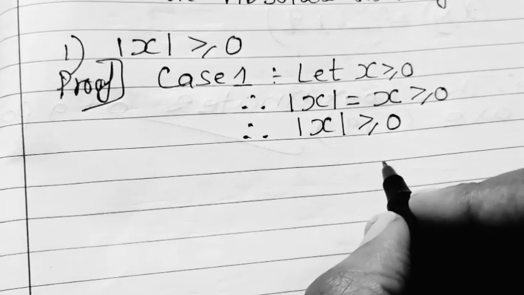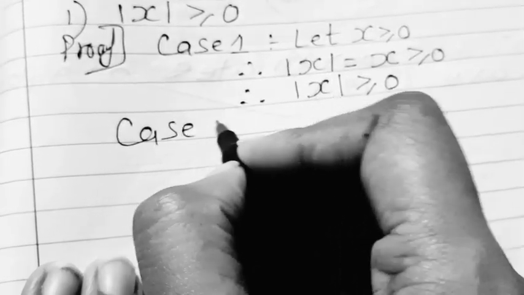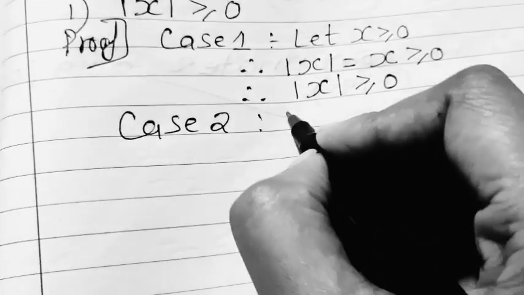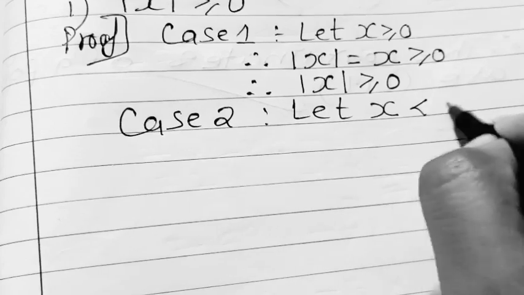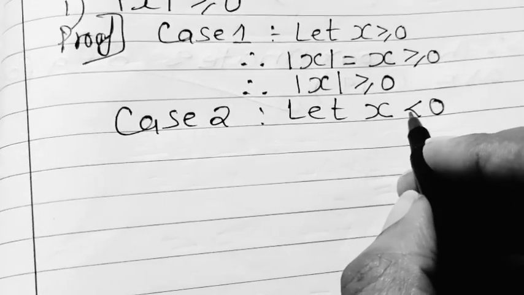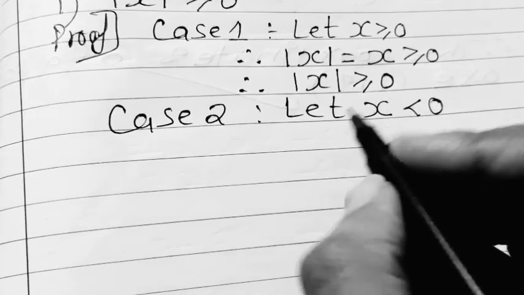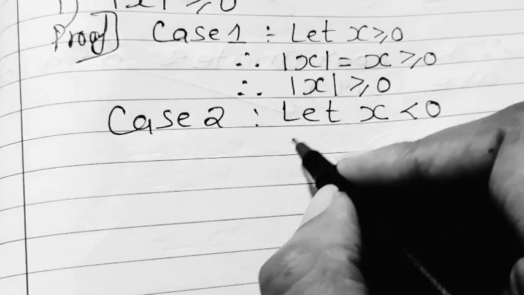Now let us take case 2. Let x be strictly less than 0, which means that this x is negative now. So I will multiply by minus 1 on both sides.